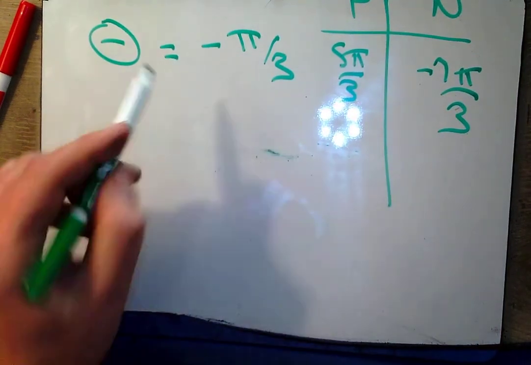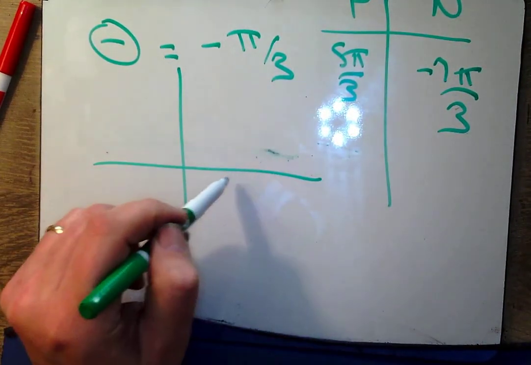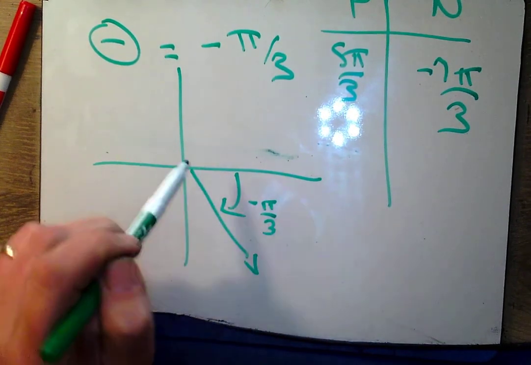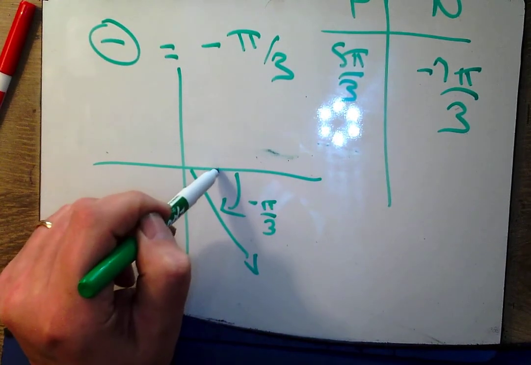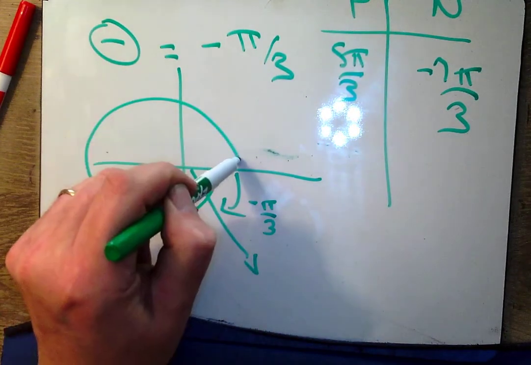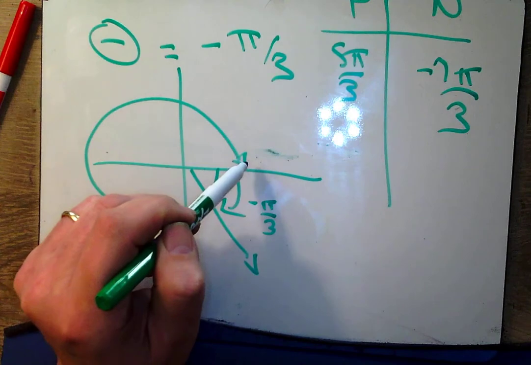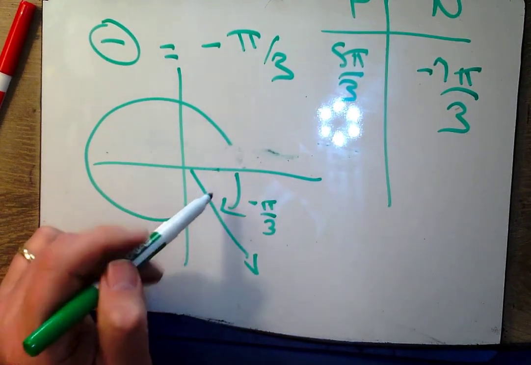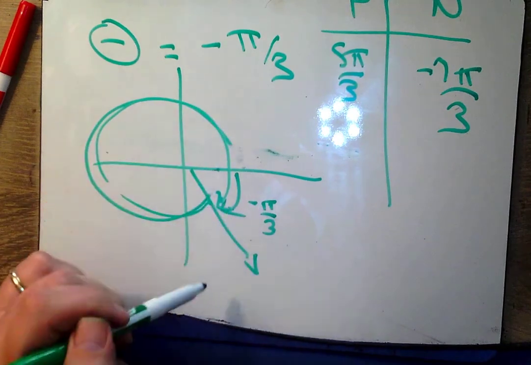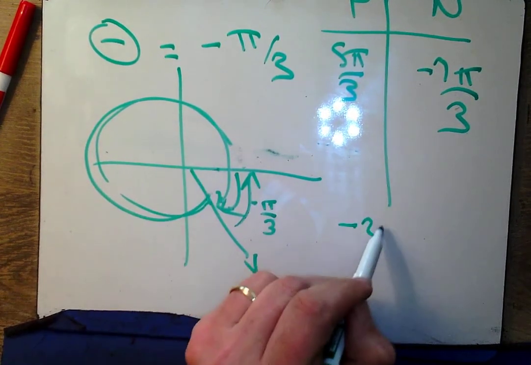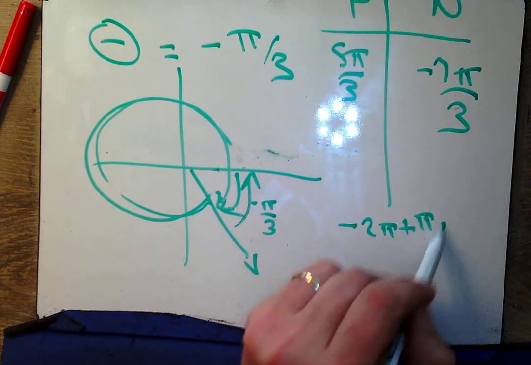Okay? If I think about it this way, here's my negative pi over 3. I'm going to go once around in the negative direction. That's negative 2 pi. Here, I'm going to go once around, but then I'm going to go back positive pi over 3. So I have negative 2 pi plus a pi over 3.